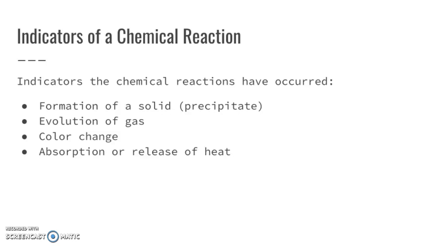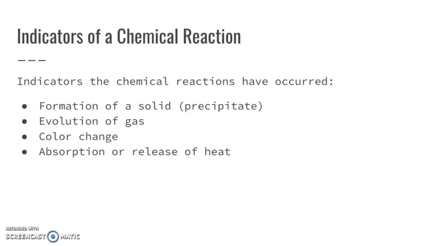However, if I actually wanted to look at a chemical reaction in real time, not looking at the chemical equation written, but instead physically seeing it with my own eyes, there are certain indicators that are going to tell me that chemical reactions have occurred, without even needing to know what's being mixed together, what my chemicals, compounds, or bonds are.